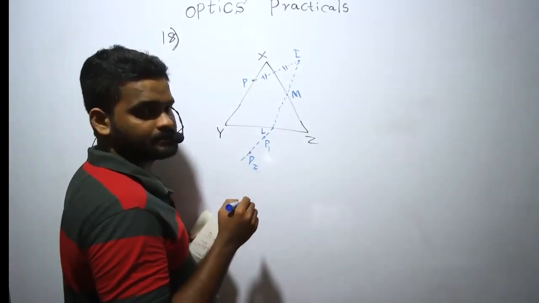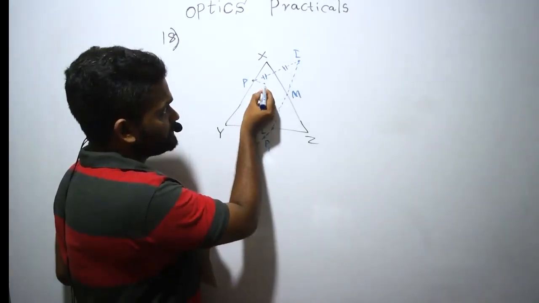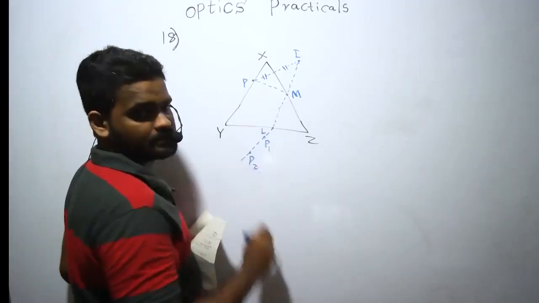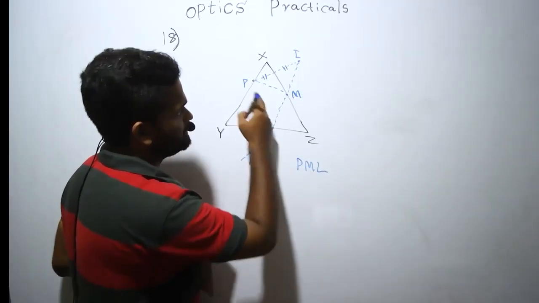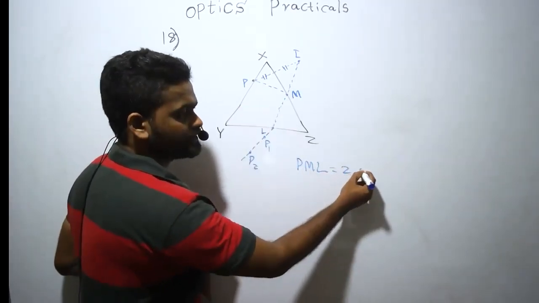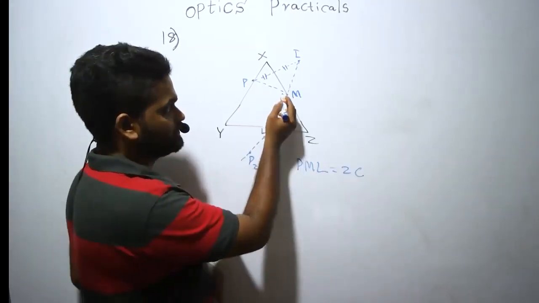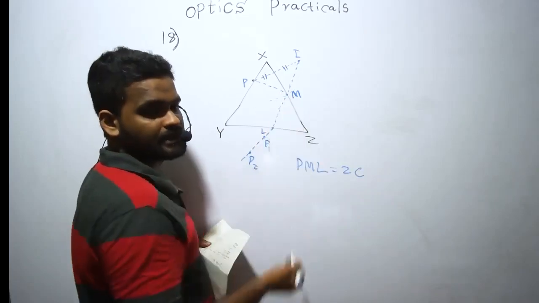Then what happens? Then you draw this PM line. So what do you have? Angle PML. PML is equal to what? 2C, right? Two times the critical angle.